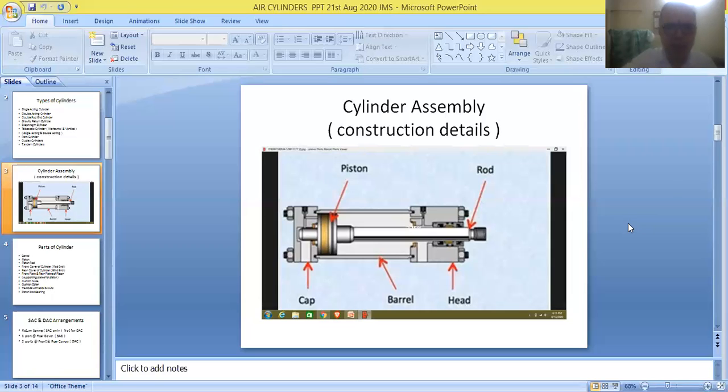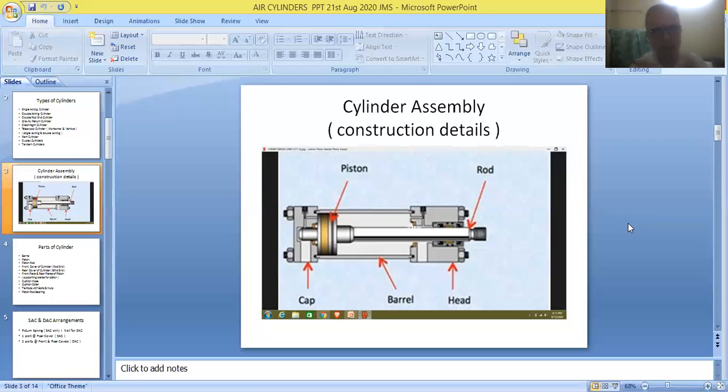Now the cylinder is provided with two ends. This is one end of the cylinder, and this is another end of the cylinder. A cover is used for covering this end of the cylinder, and that is called the front cover of the cylinder, and one more cover is required for closing the other end of the cylinder, that is called the rear cover of the cylinder.